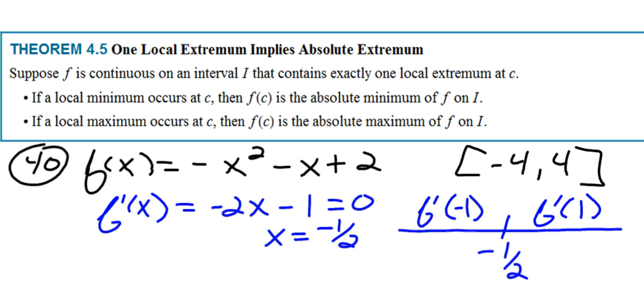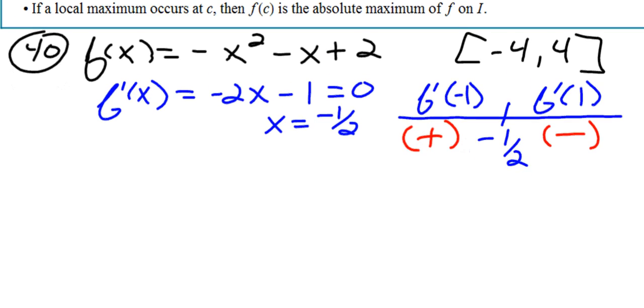I see my values are then, I have a positive and a negative value, plugging it back into the derivative. So I do get a sign change from positive to negative, increasing to decreasing. I should have a max point here.